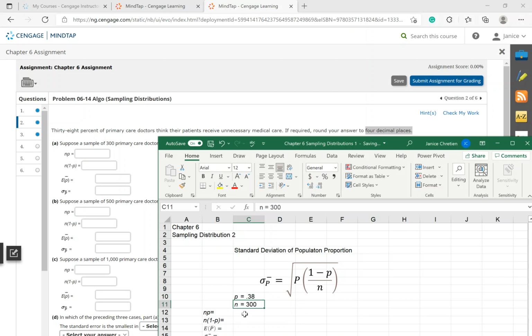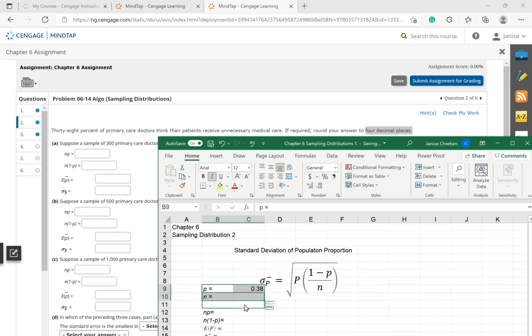So to get my NP, I'm going to multiply my N, which is, you know what, let me do this because I'm going to give you this spreadsheet and I want you to be able to click and see what formulas I used. So let me say my P equals, we said 0.38, and my N, which is my sample, equals 300.